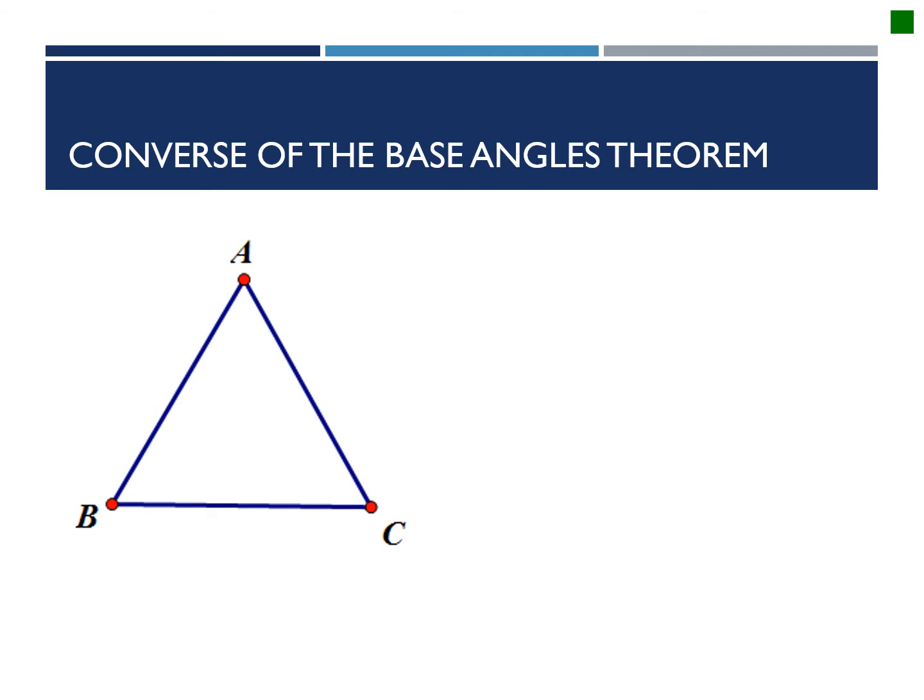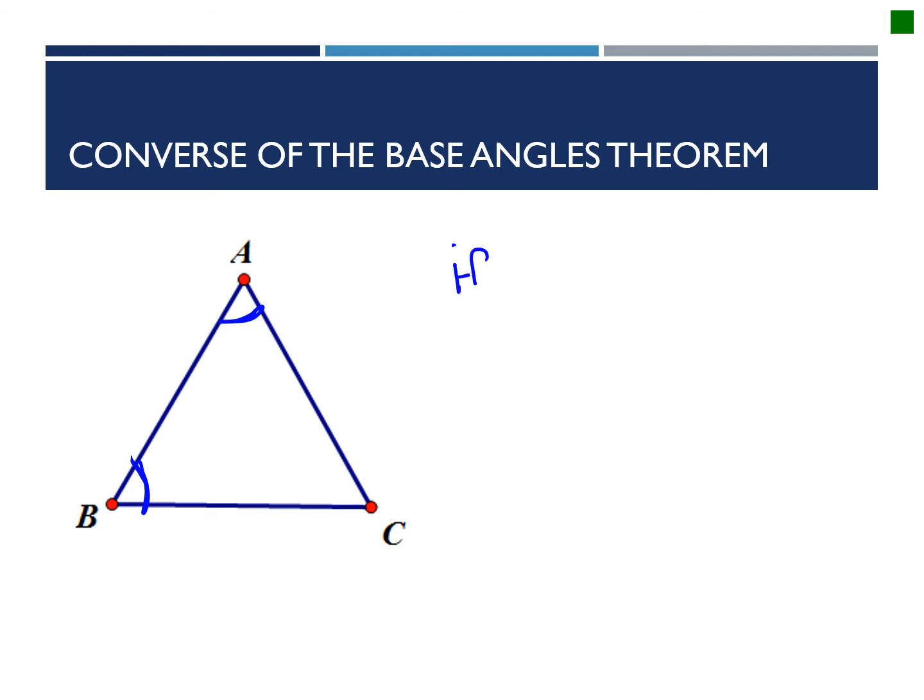Remember, converses, we take the premise and the conclusion and we switch them. Okay, so now we're saying that if angle A is congruent to angle B, and I'm going to use those as base angles this time. I don't want you to think that a base necessarily means it's sitting on it or that the orientation of the triangle has something to do with it.